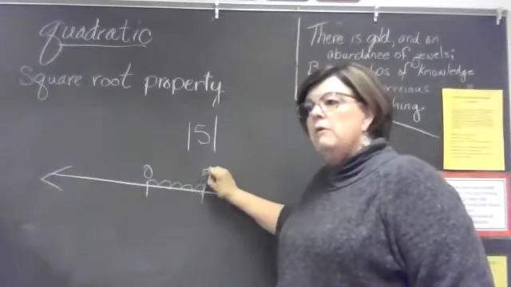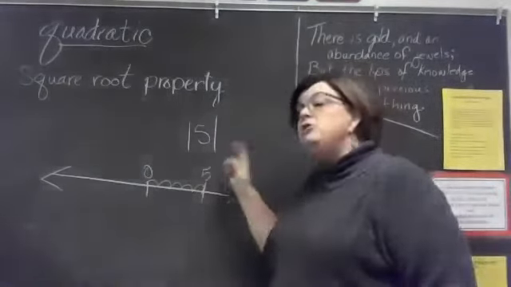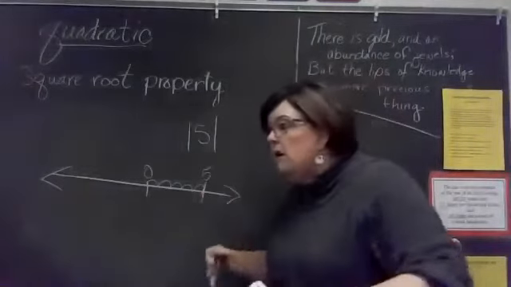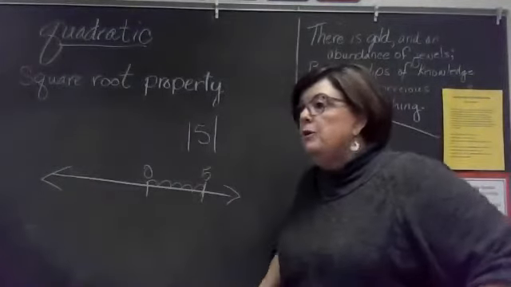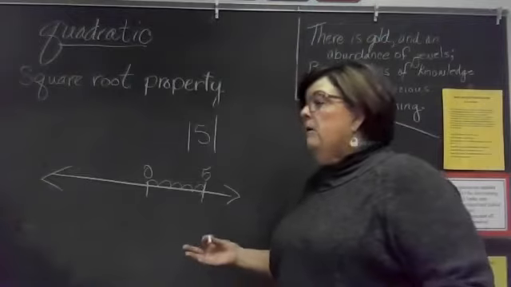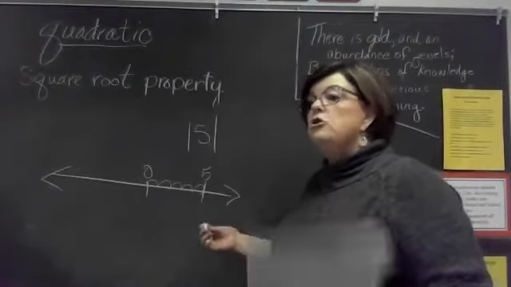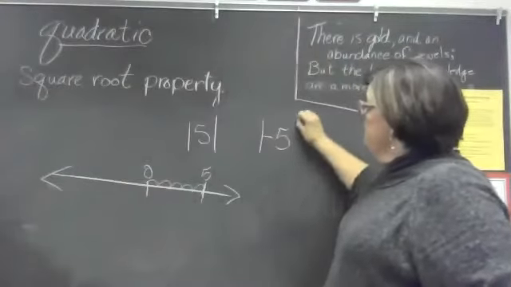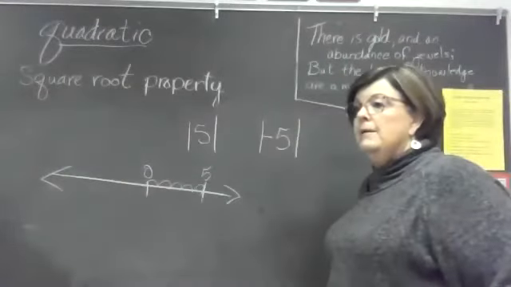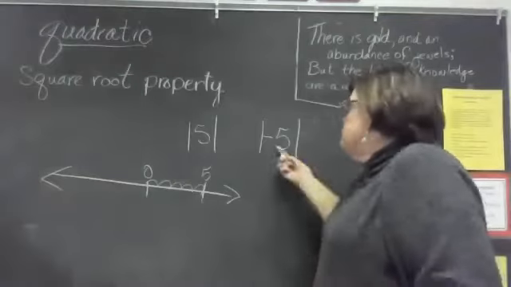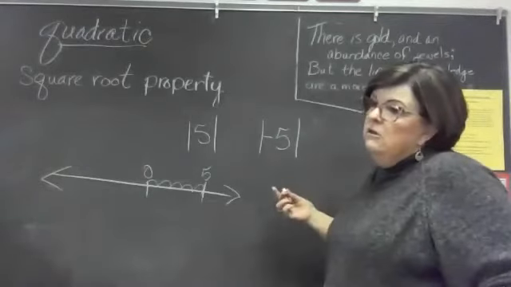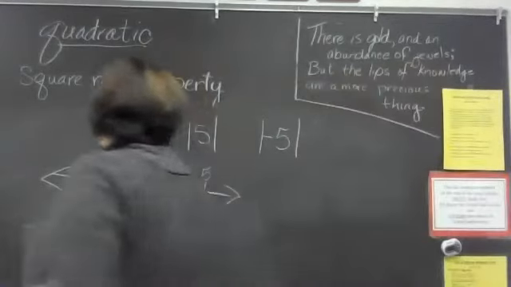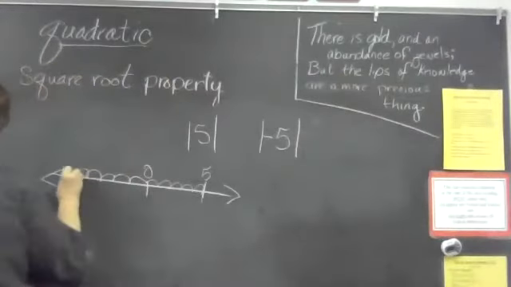But absolute value does not care about direction, so it doesn't care about positives and negatives. So if I have the absolute value of -5, it still tells me it's just 5 spaces from 0. It's 1, 2, 3, 4, 5.